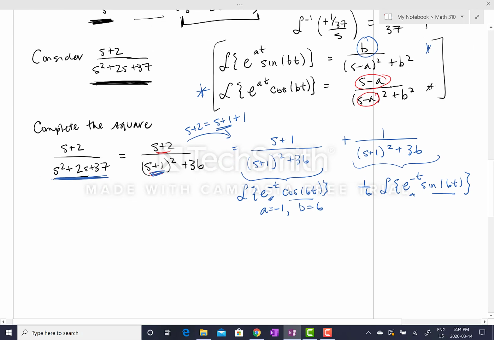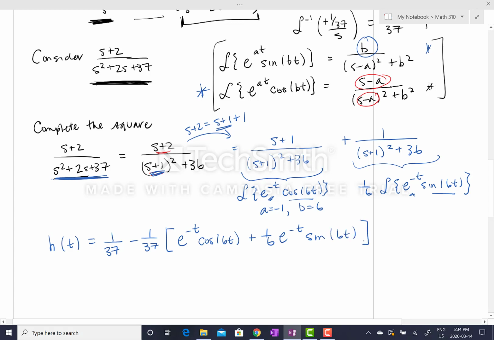Okay, so now I can figure out what h of t is. H of t is going to be 1 over 37 minus 1 over 37 multiplied by e to the minus t cos 6t plus 1/6 e to the minus t sine 6t.